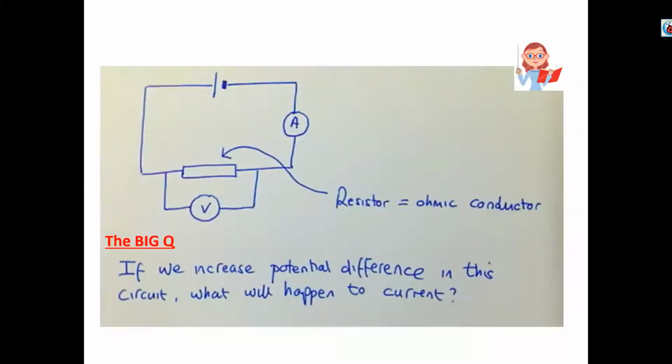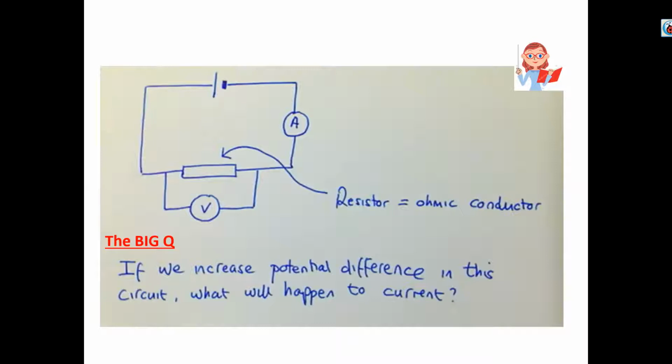Today we're investigating voltage and current, or potential difference and current, for these different devices, such as a resistor, a lamp, and a diode.